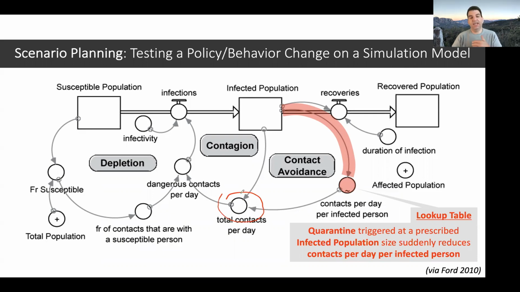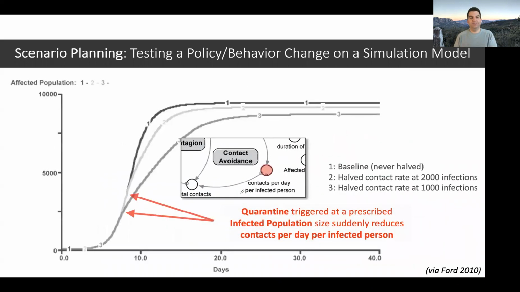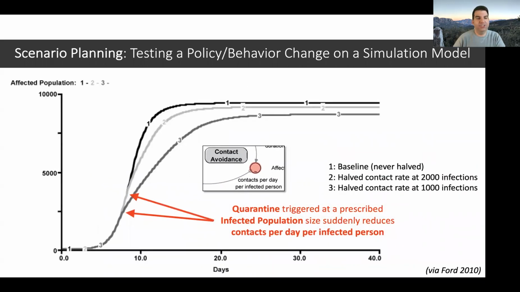And so what they ended up trying here was different lookup tables that implement different types of quarantine. And what they show here is this here is the no quarantine case for the affected population. And when they have the contact rate due to quarantine by social distancing, when there are 2,000 infections, you get this affected population.